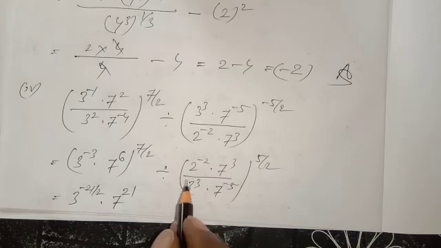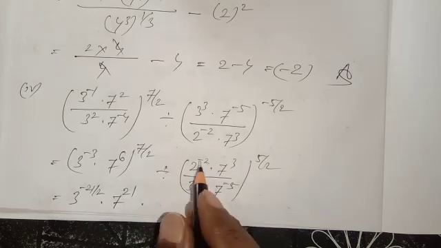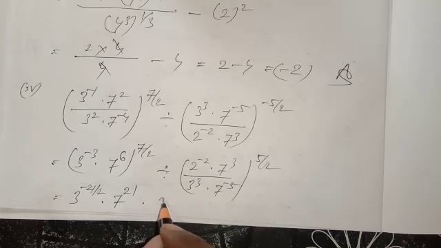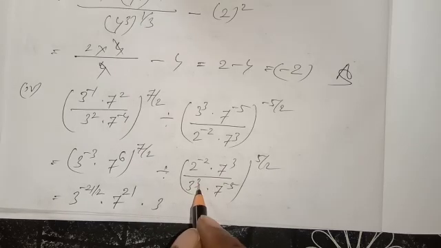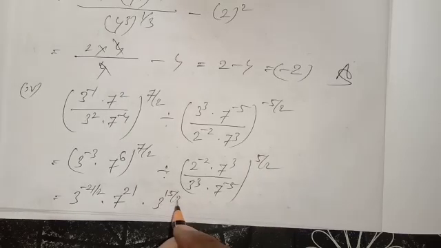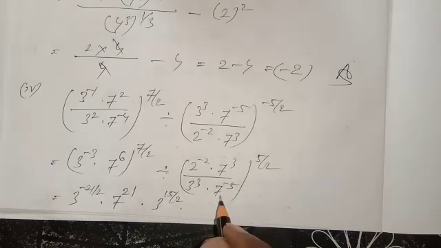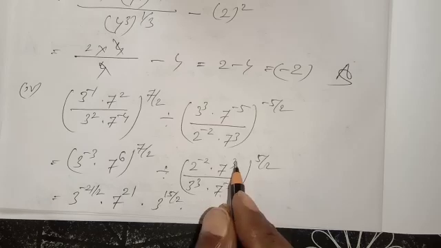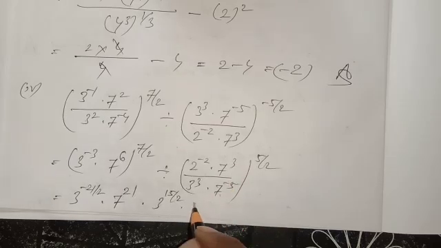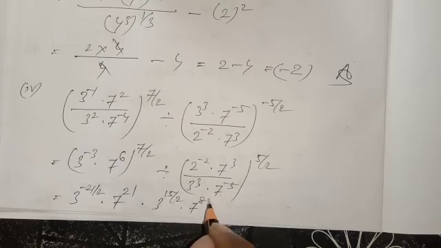And if you write here divide, it means you have to multiply, and this will go up, this will be 3 to the power 3 and here 5, that means 15 by 2. Power is multiplied. And 7 to the power minus 8, you have to bring up 7 to the power 8, whole to the power 5 by 2.